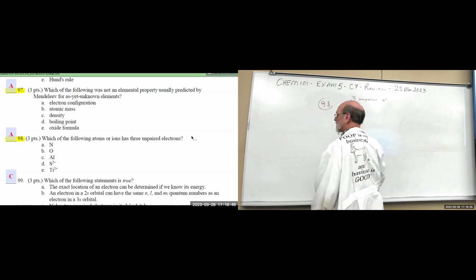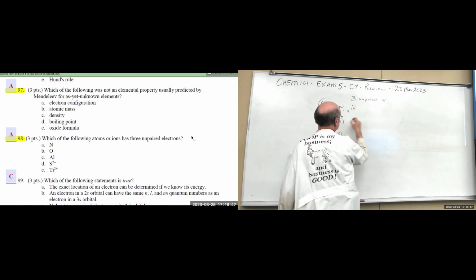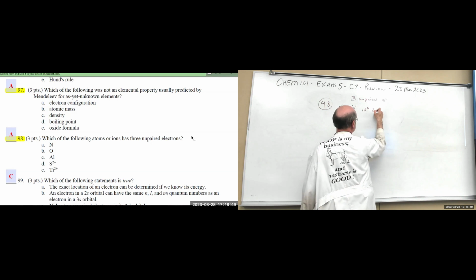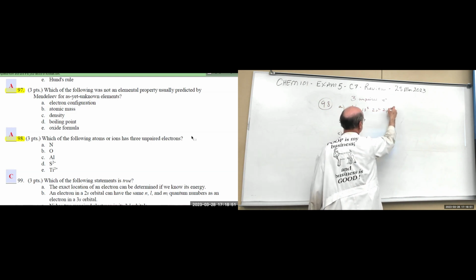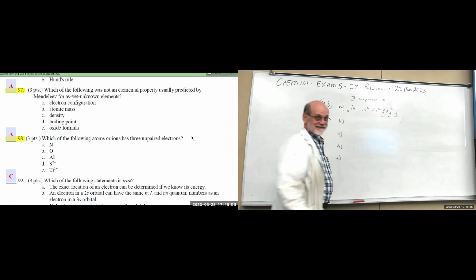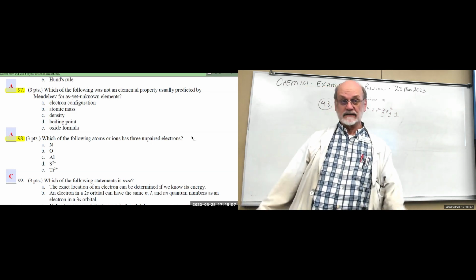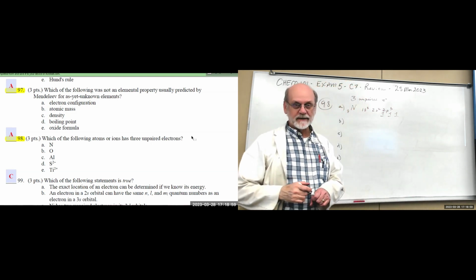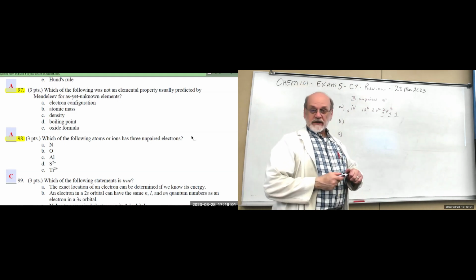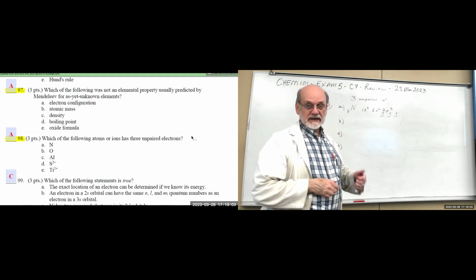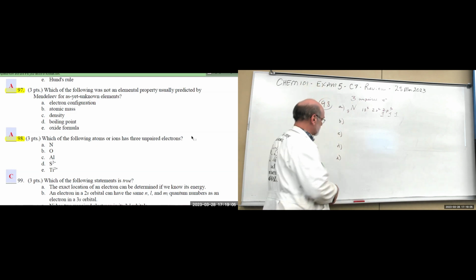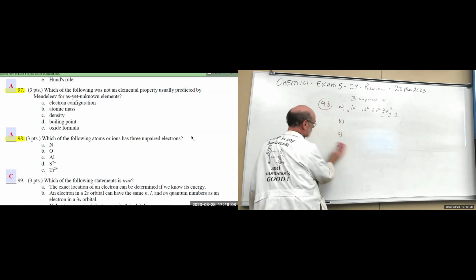So what does nitrogen look like? Well, it's got 7. So we have 1s2, 2s2, and 2p3. 1, 2, 3, there. Okay, that's it. We found our answer. Right, we could draw out all the rest of them, but multiple choice says that's our answer.